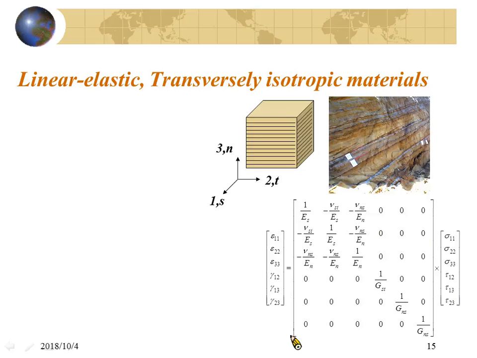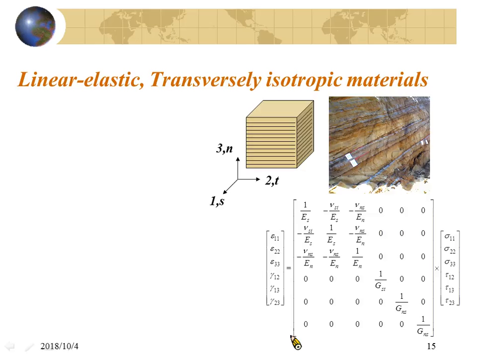So usually we call it transversely isotropic material. You will have a symmetrical plane in this direction. Can you imagine the plane which uses this as the normal vector will be isotropic?